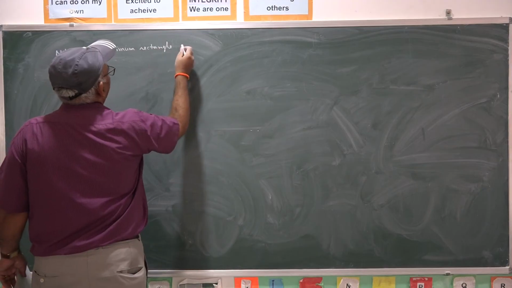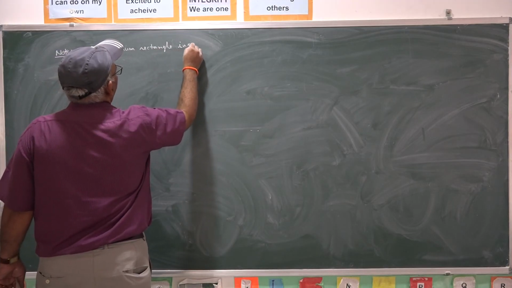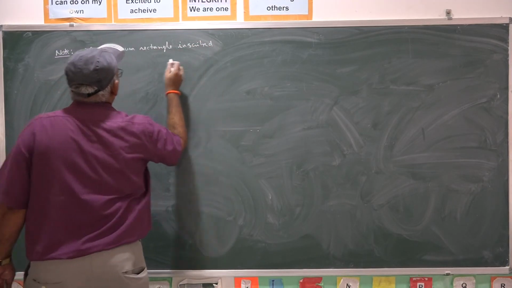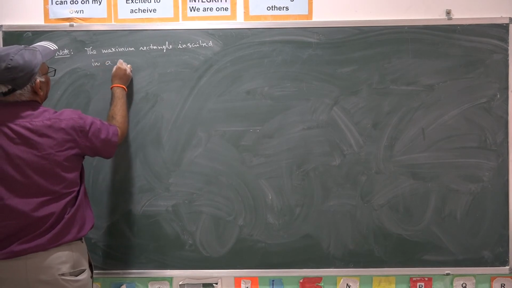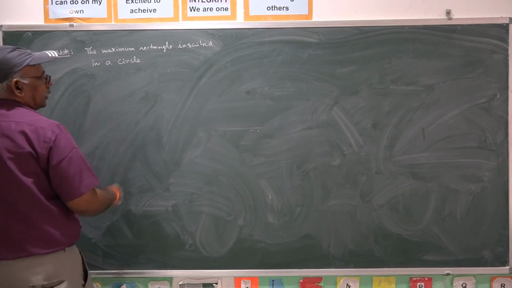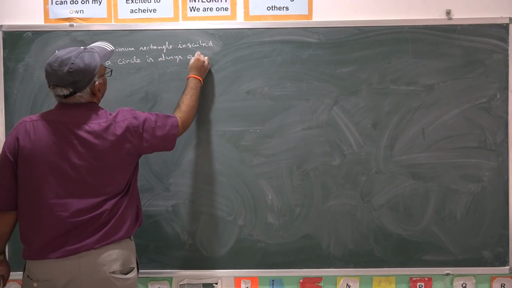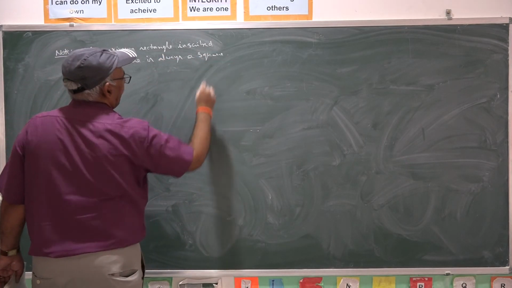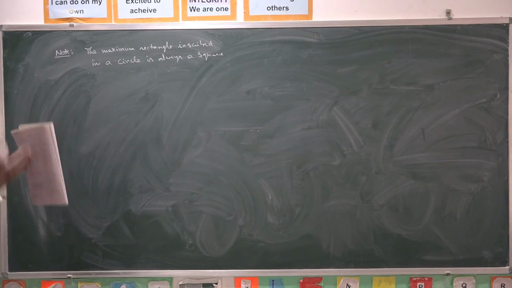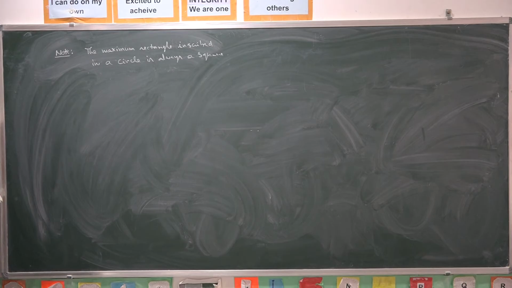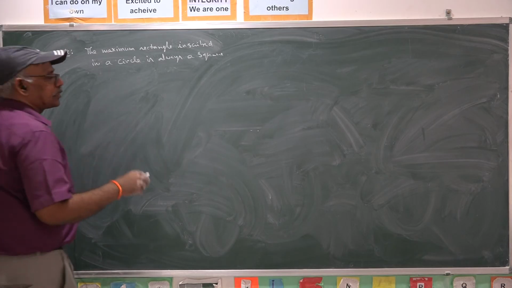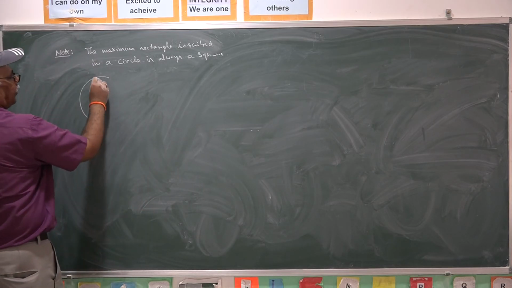The maximum rectangle inscribed in a circle is always a square. If the area of the rectangle is maximum, the rectangle inscribed in a circle is always a square. This is one important point.